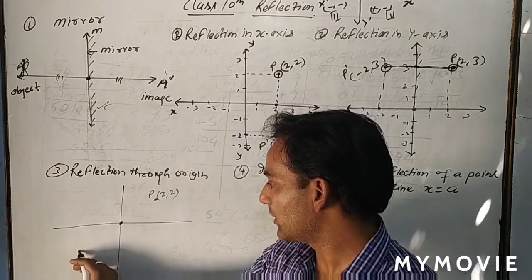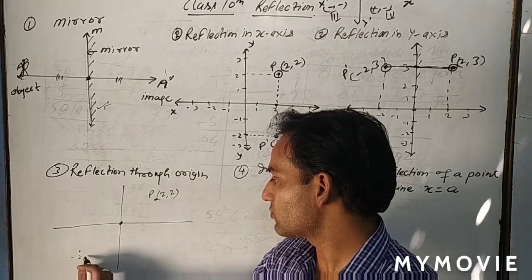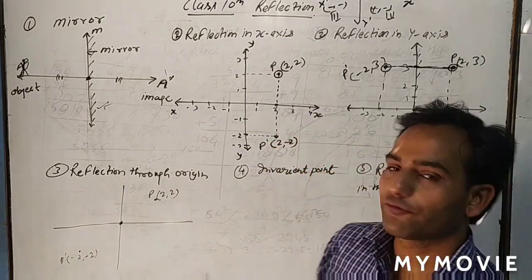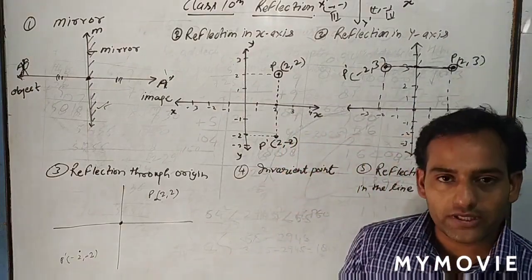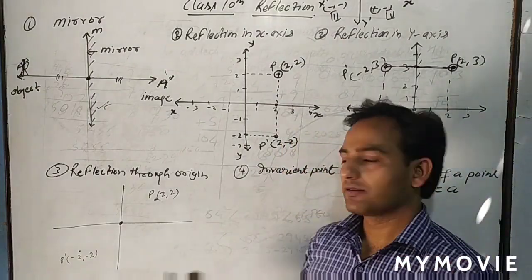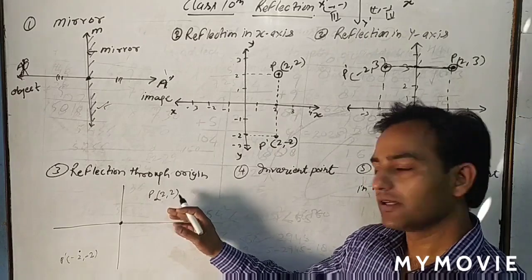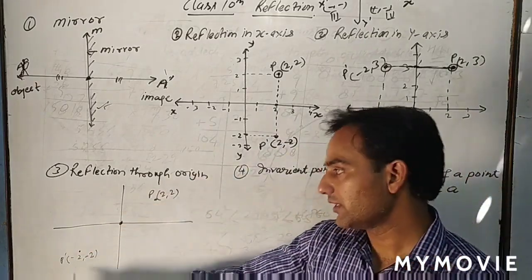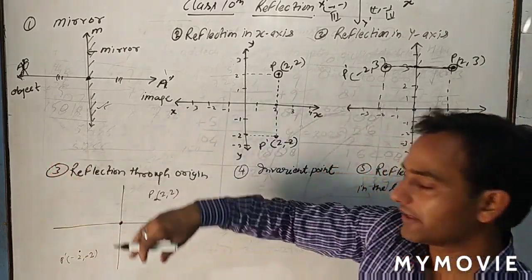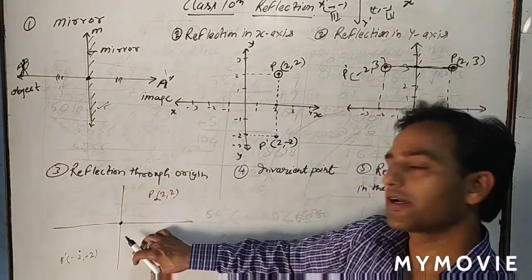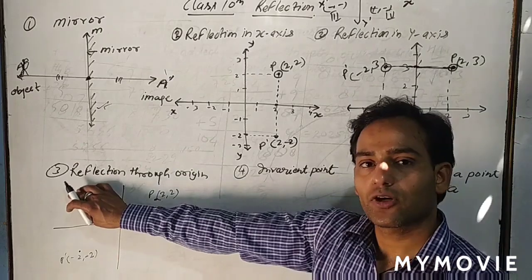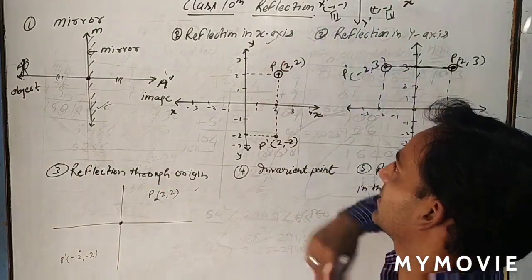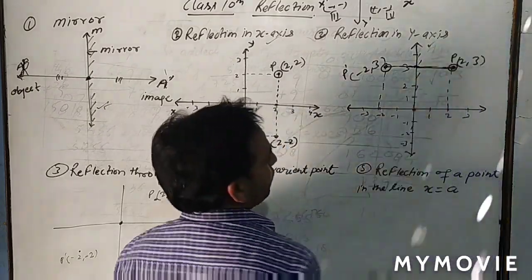So the 2, 2 point will be here, minus 2, minus 2, and it will be P dash. So if the reflection is through the origin, and a plus, plus point is given, it will be minus, minus. So if x, y is given, it will be minus x, minus y. If it is given on this side, it will come in the fourth quadrant. Fourth quadrant is what? Plus, minus. Second is what? Minus, plus. Okay. So this is reflection through the origin. This is reflection through the x-axis, reflection through the y-axis.